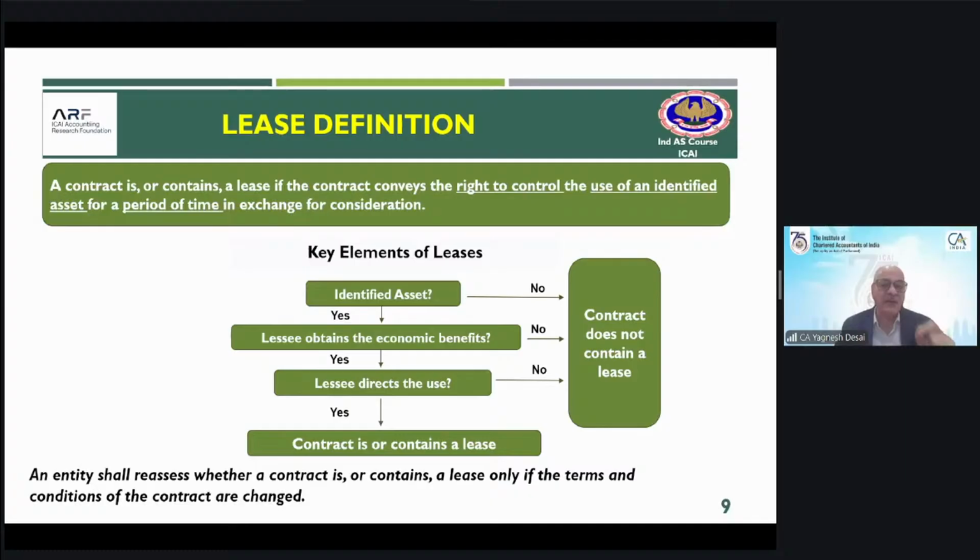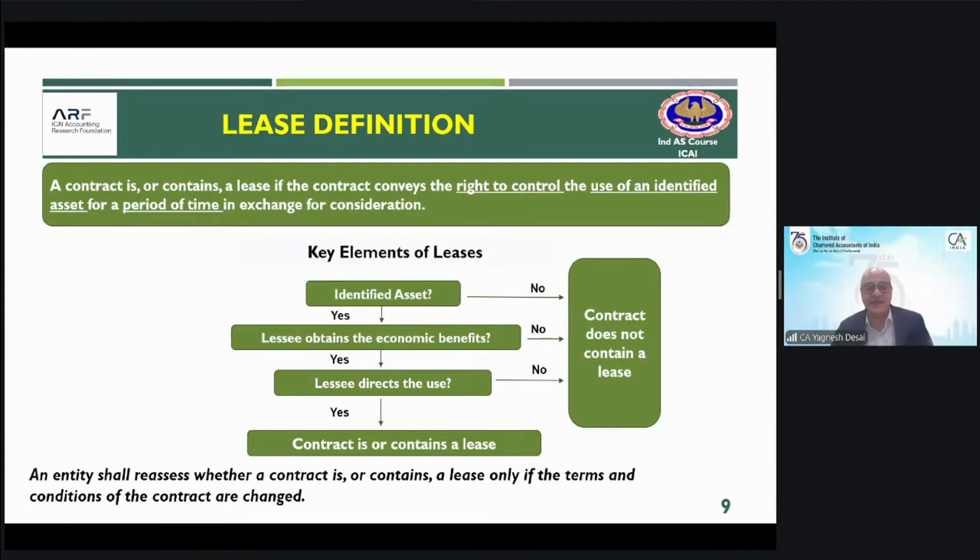These two phrases are very important. They could be implied or they could be explicit. Either they could be mentioned explicitly or implied. But essentially, the underlying assets have to be identified and specified. If the underlying asset is not specified, it is not a contract which is going to be covered under 116.